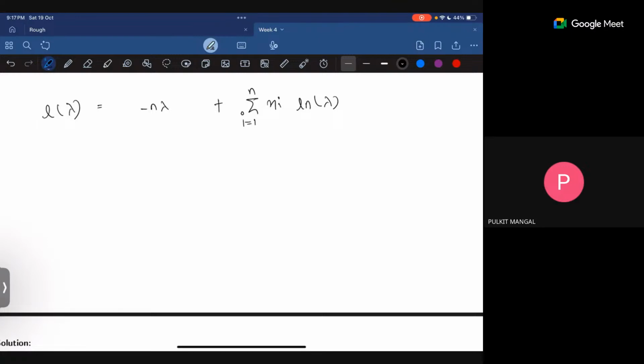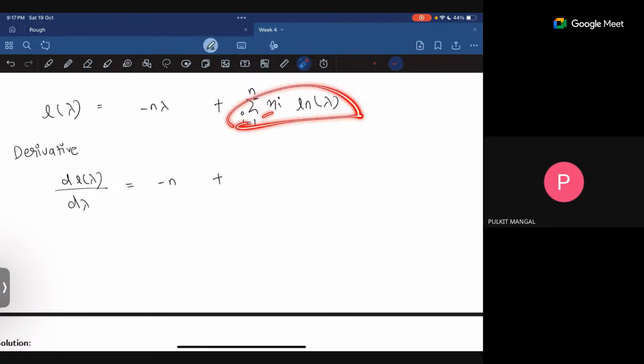So the log likelihood, when you differentiate it with respect to lambda, you get the derivative d by d lambda of minus n lambda, which is minus n.